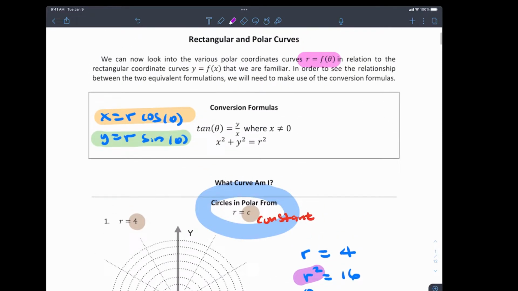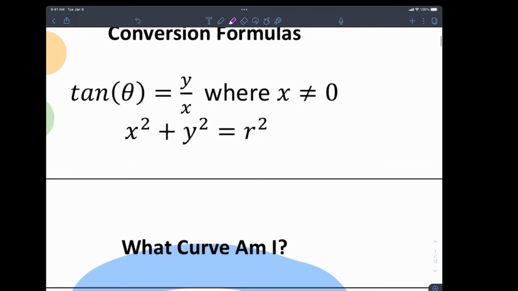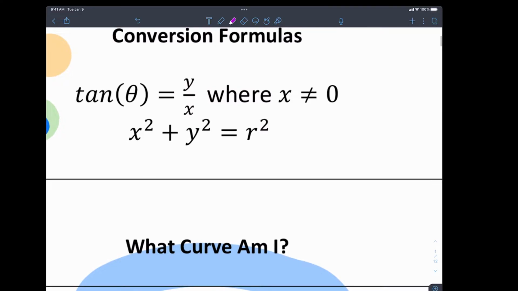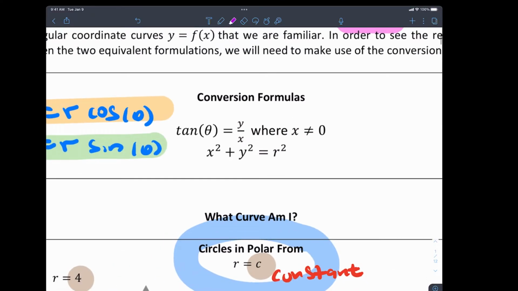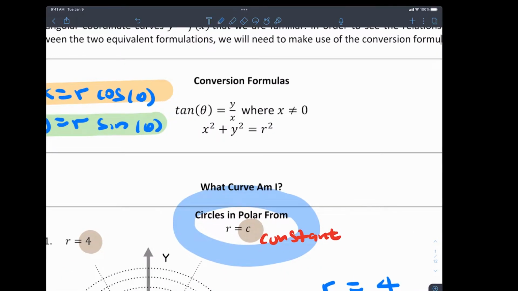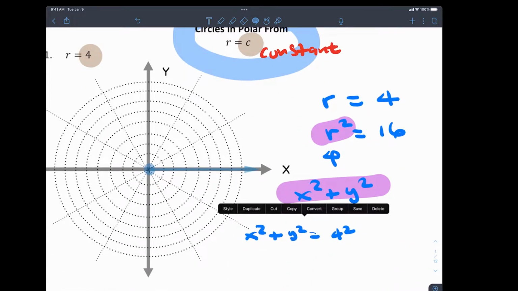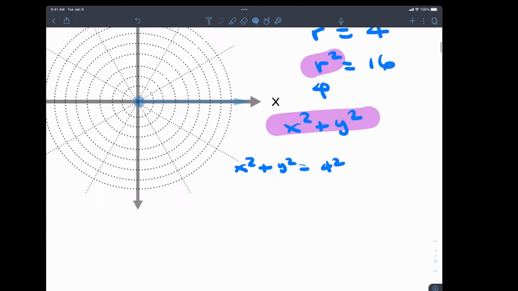How do you know? Because you're looking at that relationship right here. x squared plus y squared is r squared. And in fact, if you just simply said, Mr. Judge, can I just plug in 4 here for r, and I get my x squared plus y squared equals 4 squared, I'll say, I guess you can. Yeah, that's fine too. But what you end up with here is x squared plus y squared equals what? What's 4 squared? That's 16.